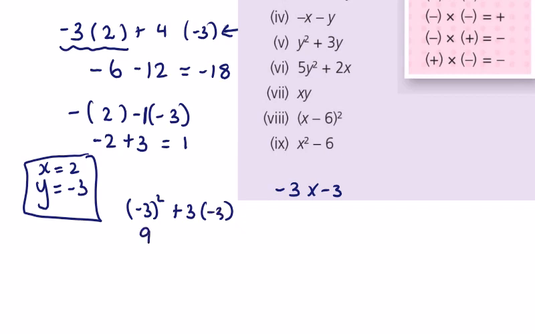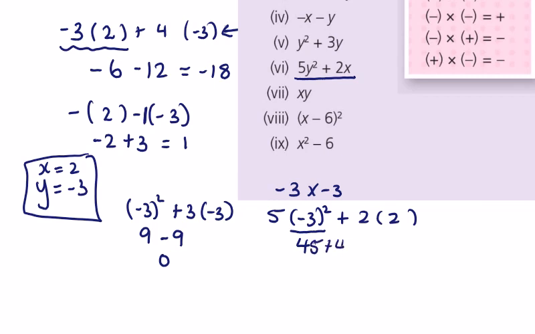And then 3 by minus 3 is minus 9, just one minus. So we're going to get 0. 5y squared plus 2x. y is first, minus 3. And then x is 2. This is going to give plus 9 from before. 5 9s are 45. 45 plus 4 is 49.